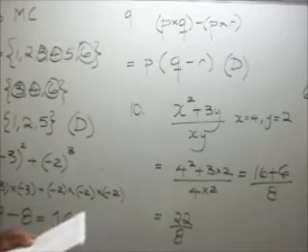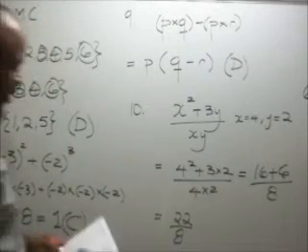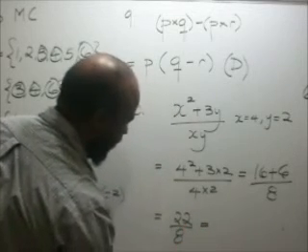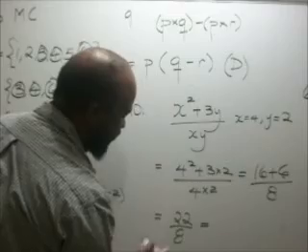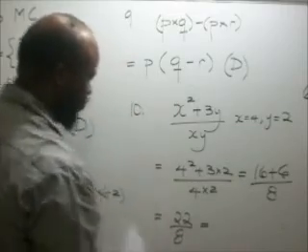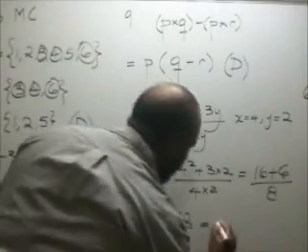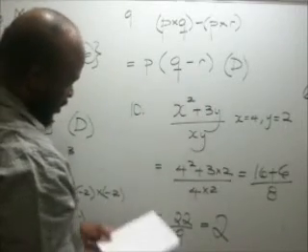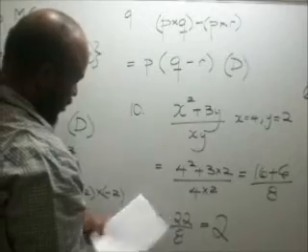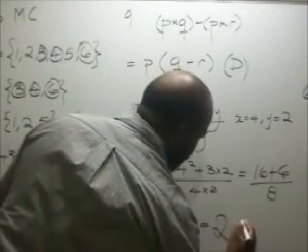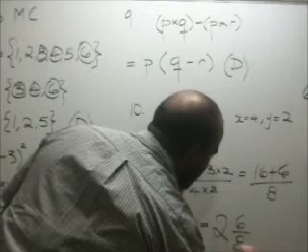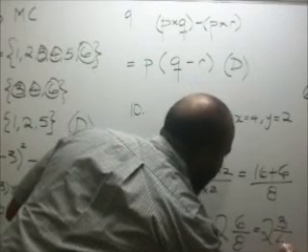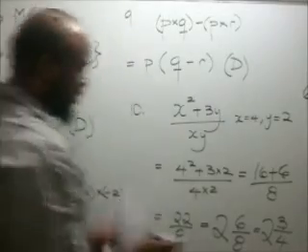The answer there is 22 over 8, and we can simplify this. 8 into 22 goes 2 times, and remainder 6 over 8, and 6 over 8 is the same as 3 over 4. So that's 2 and 3 over 4. And the answer there is D.